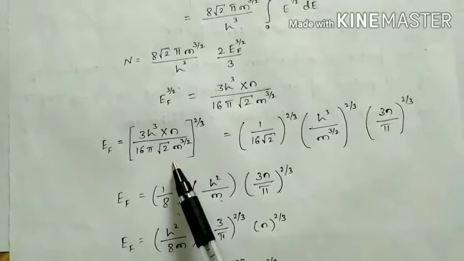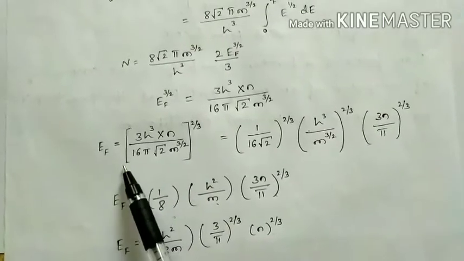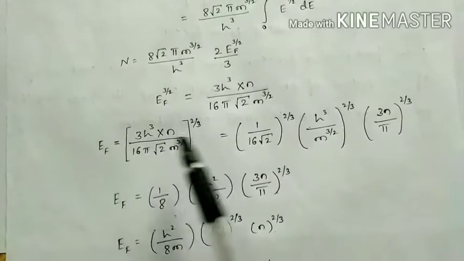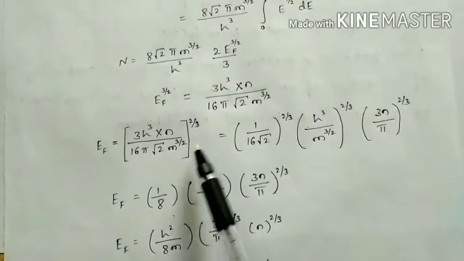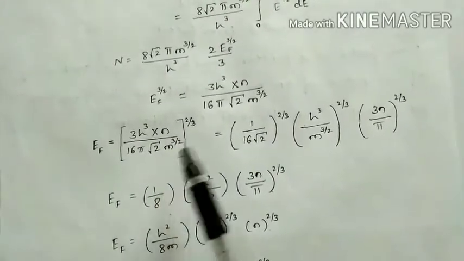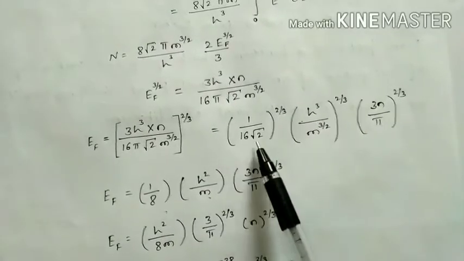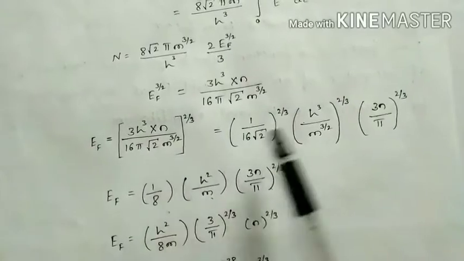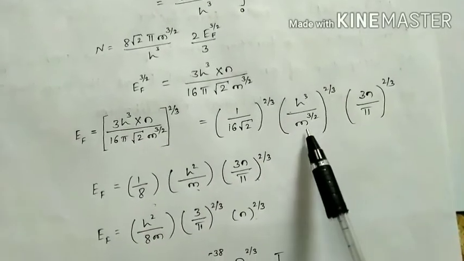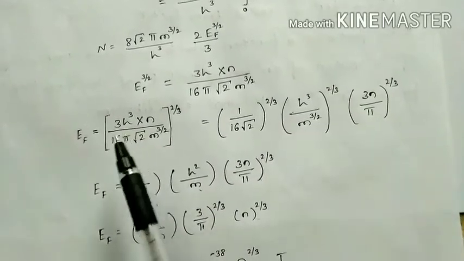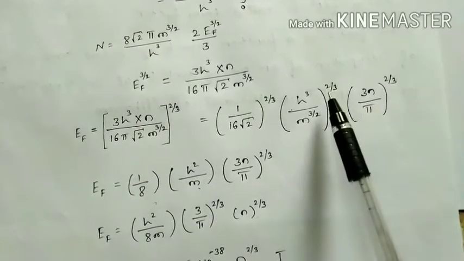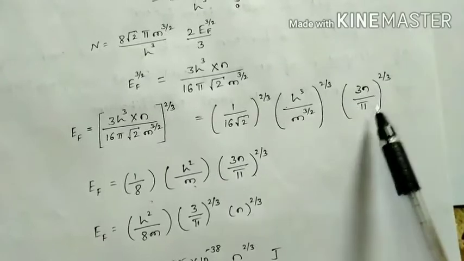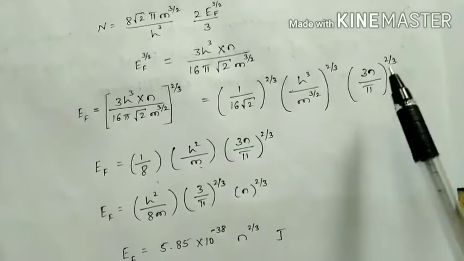So this is going to be the expression for EF, but we want only EF. This is EF raised to 3 by 2, so we will take it to the power 2 by 3. When you simplify this term, we will take 1 divided by 16 root 2 raised to 2 by 3, h cube divided by m raised to 3 by 2 raised to 2 by 3, and 3n divided by pi raised to 2 by 3.